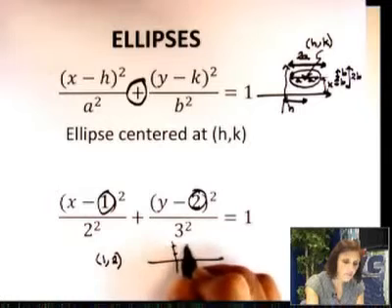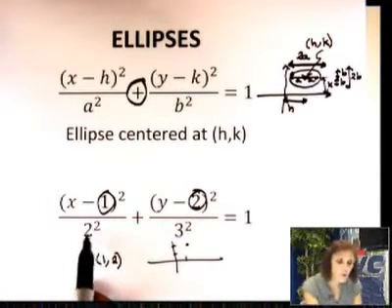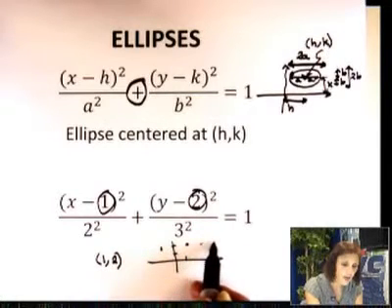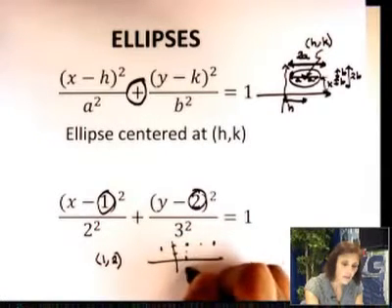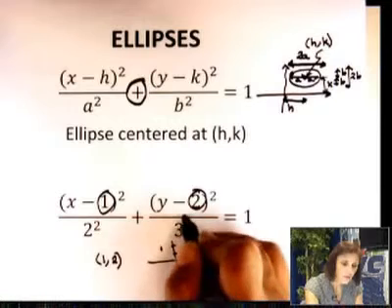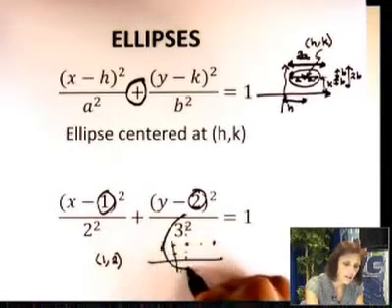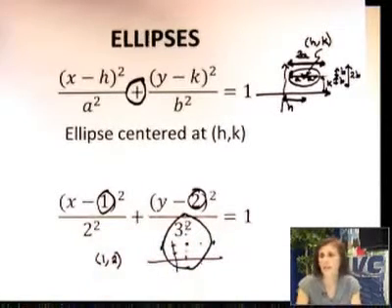Now what's going to happen? This is 2, okay? So that means 1, 2 this way, 1, 2 that way. So it's going to be that fat. And this is 3. That means 1, 2, 3 this way, 1, 2, 3 that way. So look. This ellipse is kind of elongated. Do you see that? This is my ellipse.